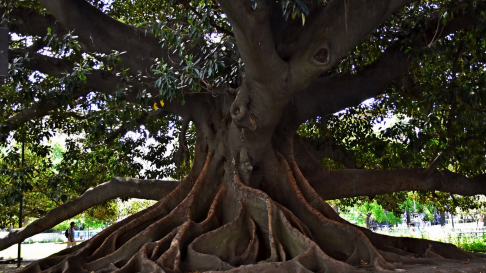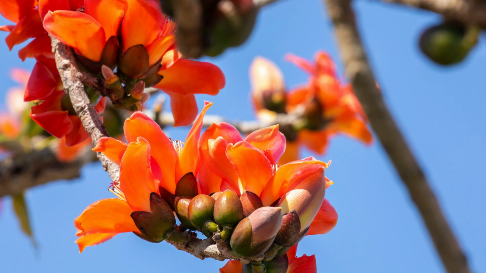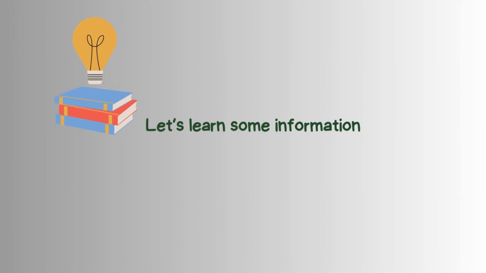So the Kapok tree will have some characteristics that help it to adapt to this environment. As you see here, the green area represents the Amazon rainforest in Brazil, which has a large area covered with this rainforest. Okay. So now it's time to know some information about the Kapok tree.